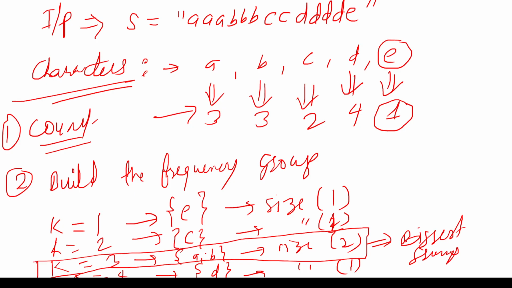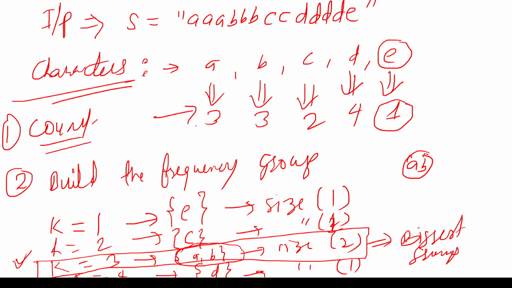Because it has 2 elements, A and B. So the winning group is k equal to 3 because it has 2 letters, A and B, which is the largest count of distinct letters. This is why A and B is the answer in string form. Order doesn't matter, you can take B and A also. I hope you're understanding.